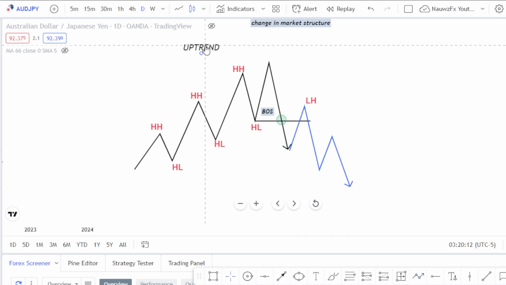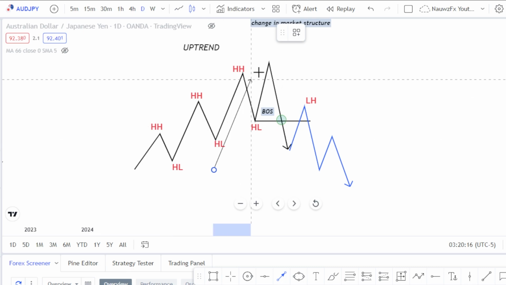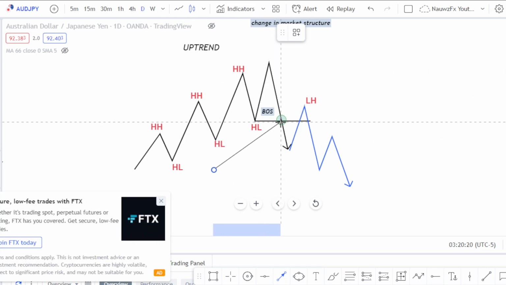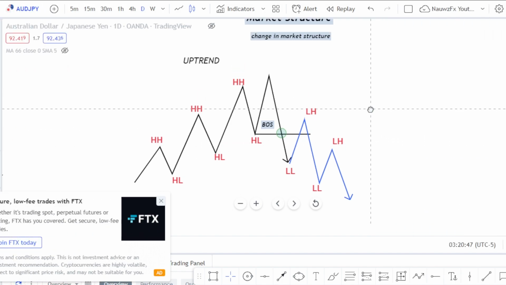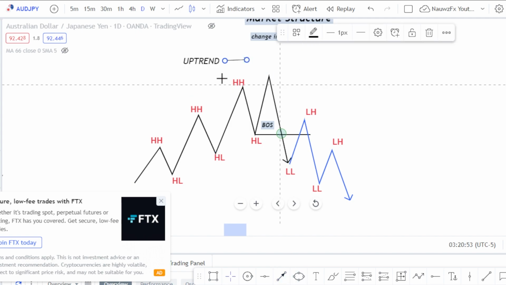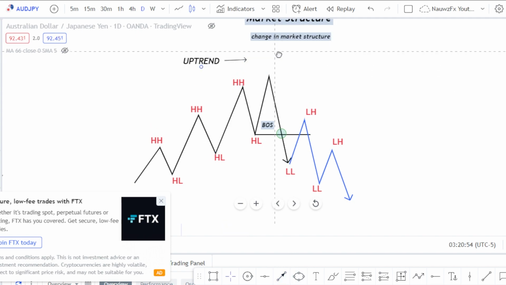So we were in an uptrend market earlier, a market that was trending up. Now we have broken the higher low, we have violated it, we have torn it down. And now this is a lower low and this is a lower high. So we have switched from an uptrend, let's put an arrow here, to a downtrend.